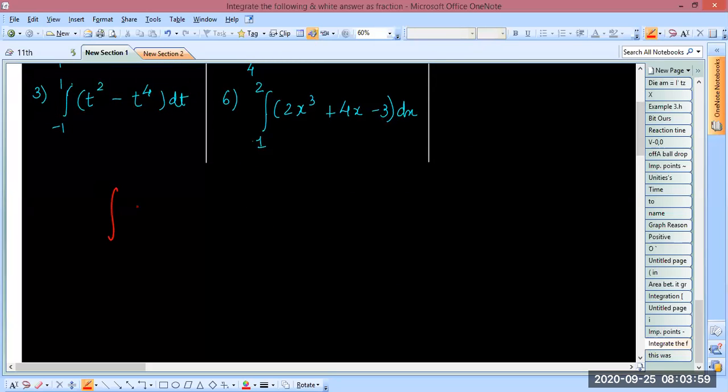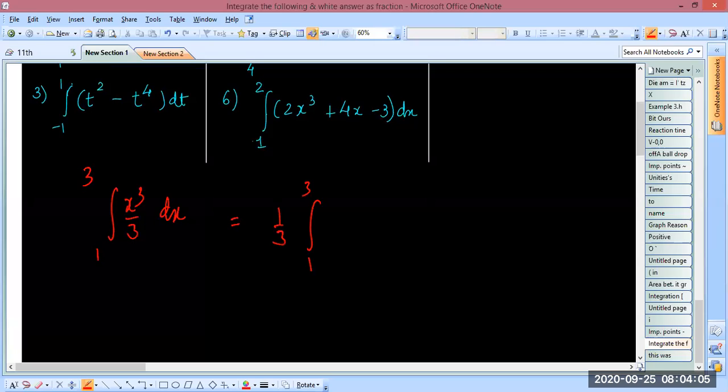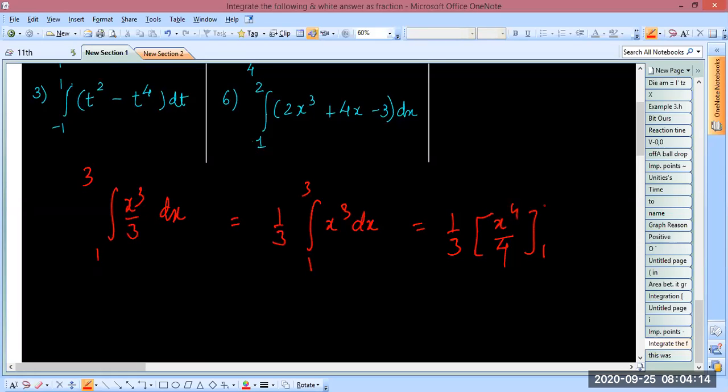So we have to do integration of x cubed by 3 dx from 1 to 3. First of all, 1 by 3 is outside because it's a constant. Kick the constant out. And now x raised to 4 by 4. Clear? And then you put 1 and 3.